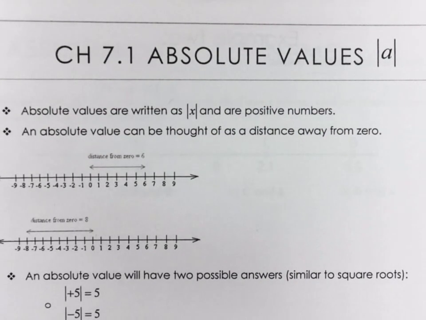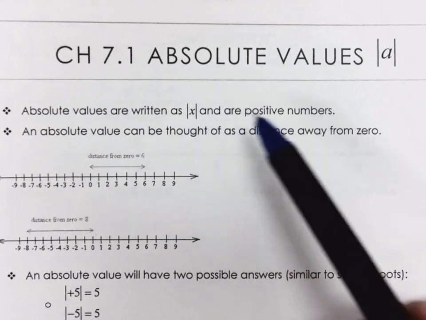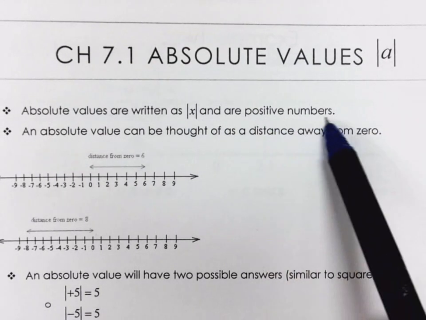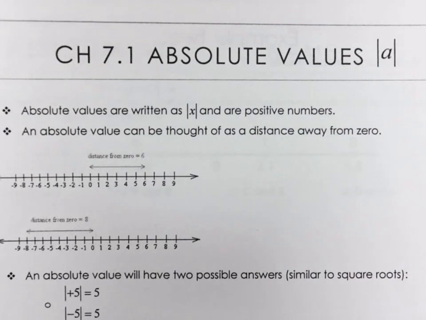Does that make sense to everybody? They need to be a little bit taller. So absolute values are written in this, okay? And they are positive numbers only. The best thing I can do to describe it is their distance away from 0. Like when you're driving back and forth to Winnipeg, our distances are given in absolute values.